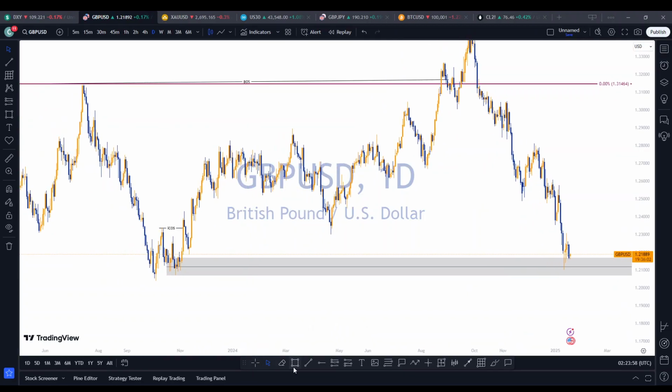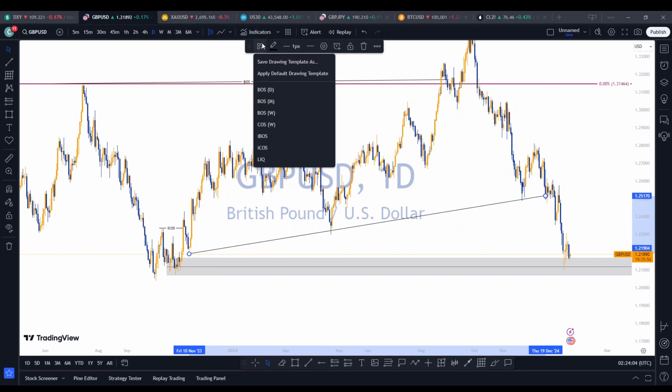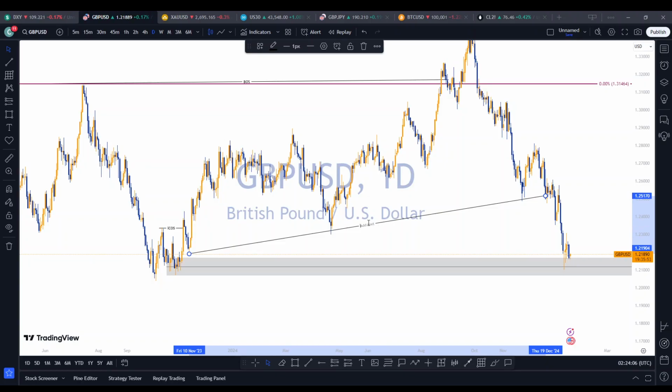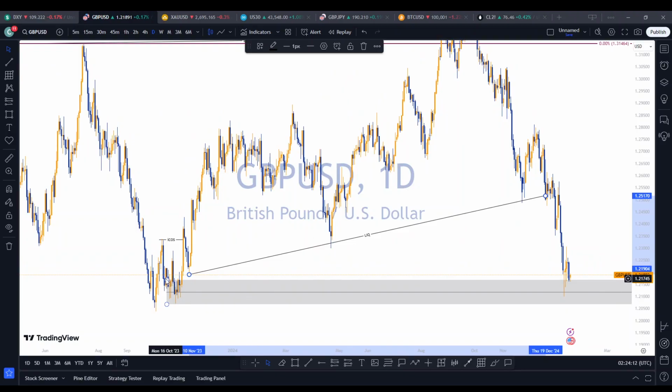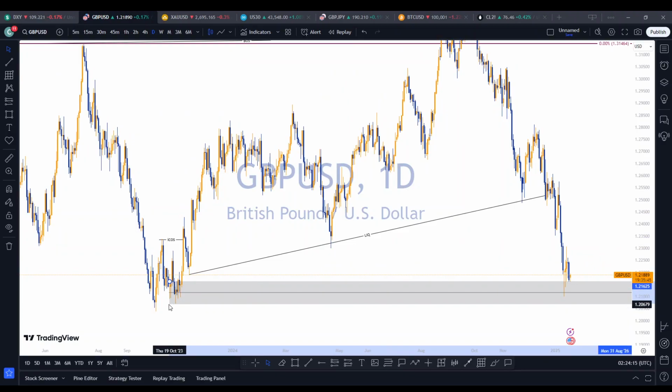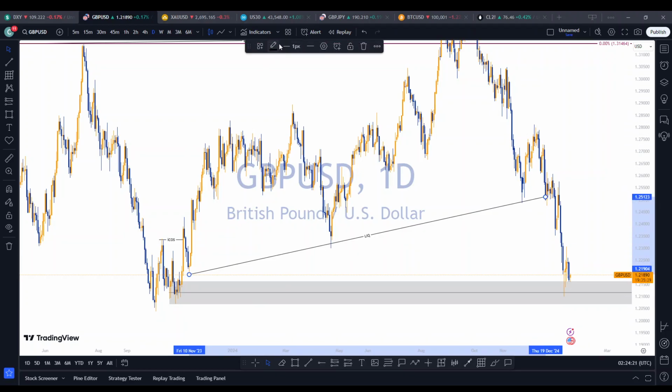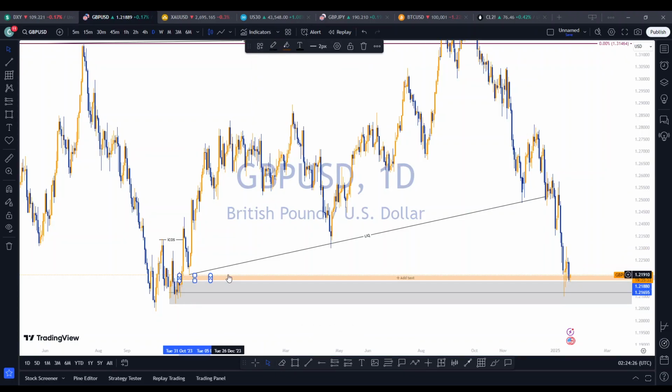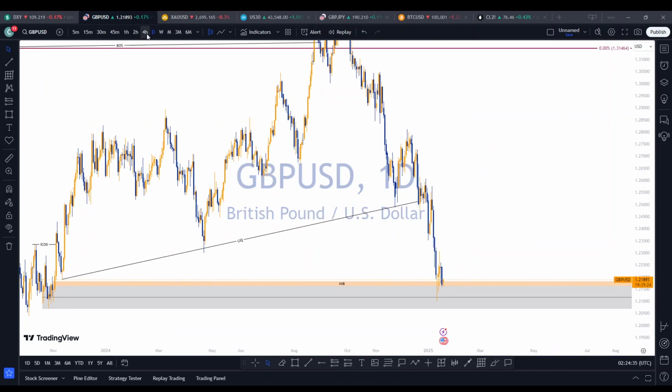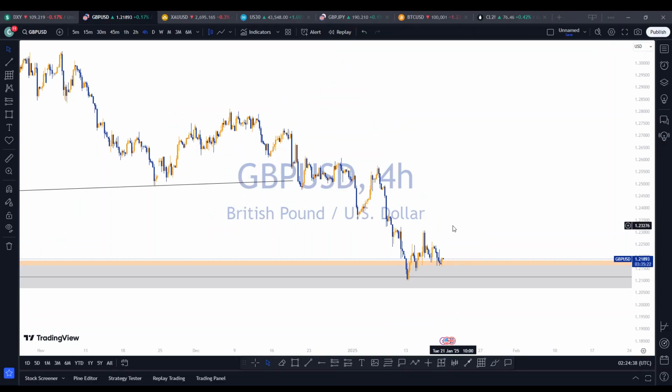And probably using everything right here as liquidity to continue to push to the upside. Let's see, we have an imbalance here as well. Okay, so now let's go to my 4-hour time frame and see.